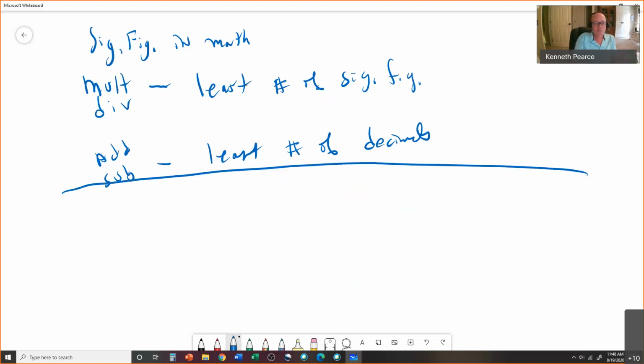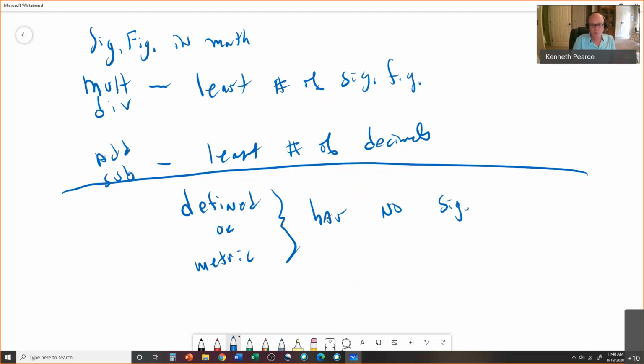And finally, if it's defined or metric, then it has no sig figs. It's not zero, it just doesn't matter. Defined would be like, say, 2.54 centimeters equals 1 inch. That's defined. It has no sig figs.